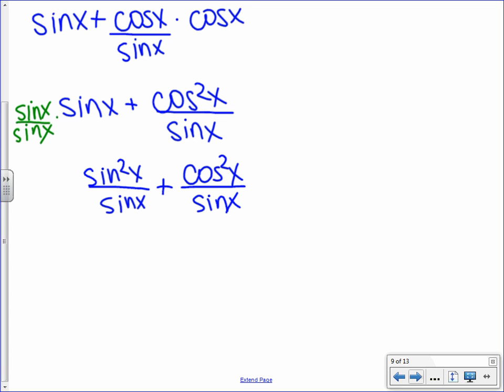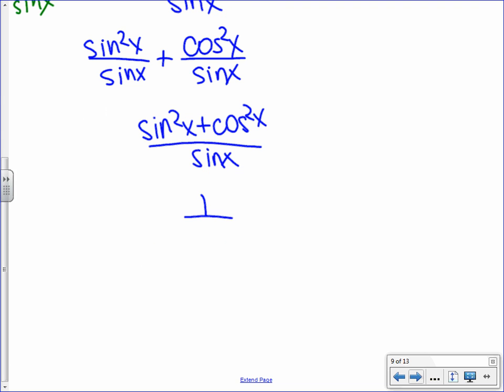Then I can actually add them together. So we have sine squared x plus cosine squared x over sine of x. What happens to our numerator? What is sine squared plus cosine squared? 1. It is 1. And 1 over the sine of x?